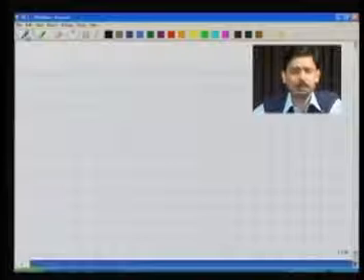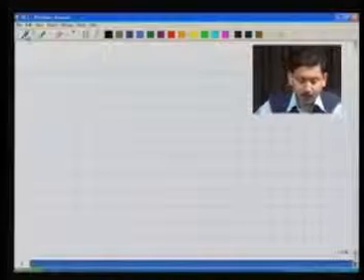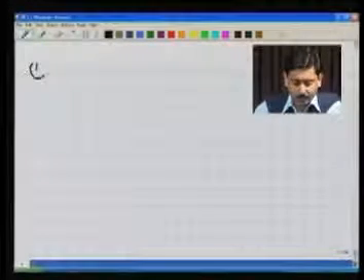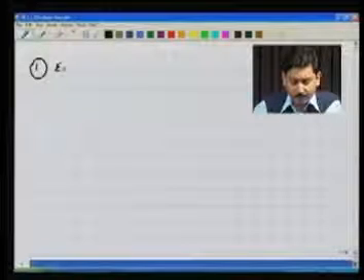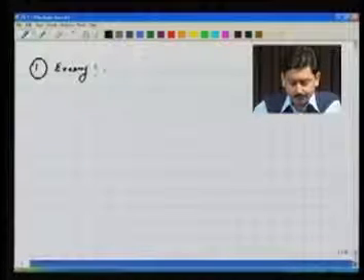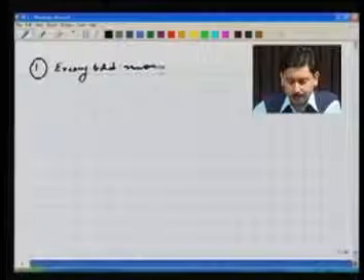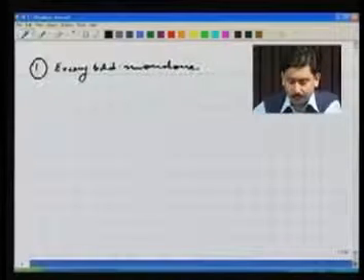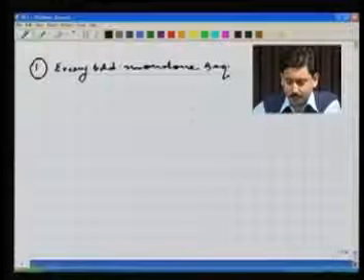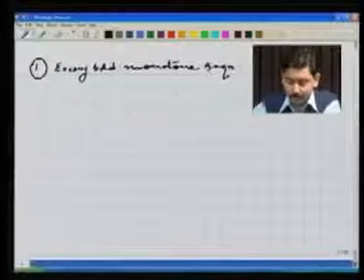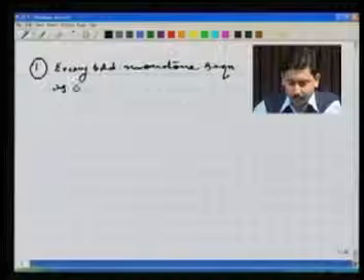Let's again look back at the notion of convergent sequences. What we have exactly found out. The number one information we have is that every bounded monotone sequence is convergent.